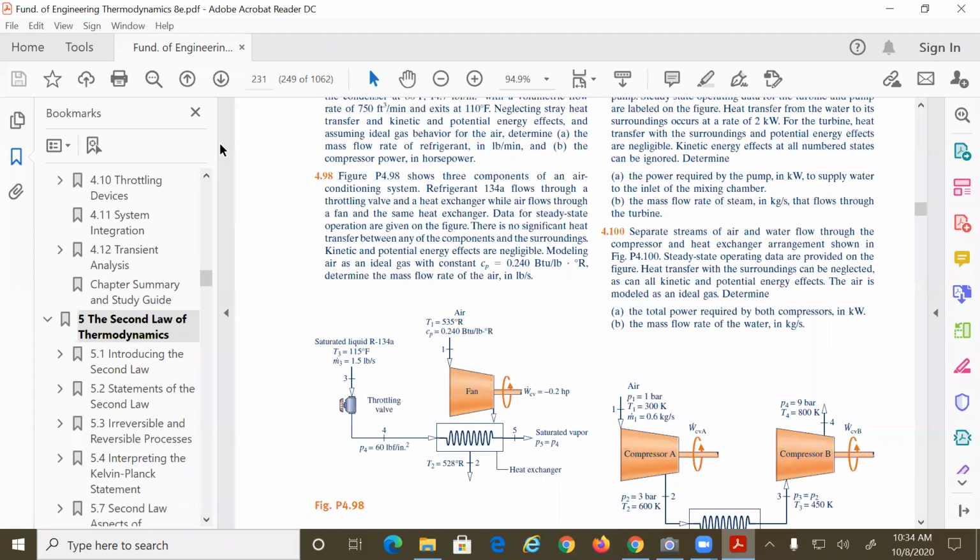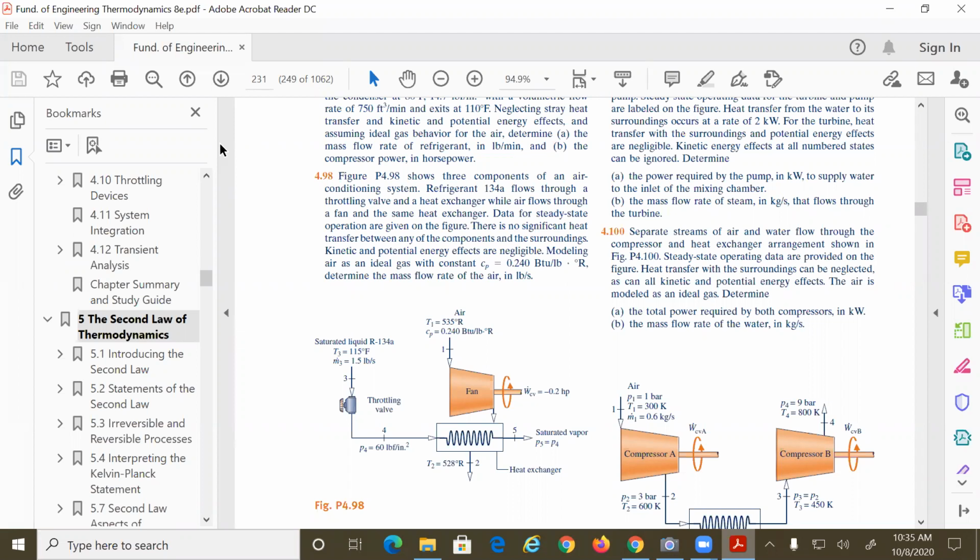Okay? And this is point 3. This goes through a valve. So it's a throttling valve, which basically means a throttling device. And you go to 4.